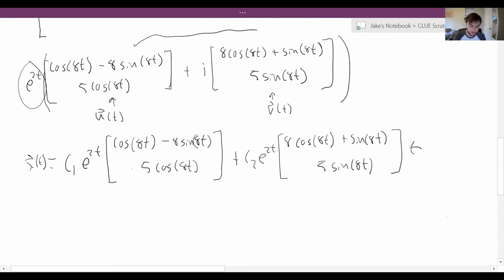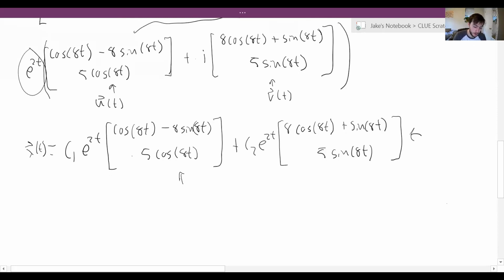What you can do if you decompose this is, because you see that we've got these cosines of 8t's, we can factor those out and write it as, maybe I'll just do this first one for you and I'll leave the second one as an exercise.